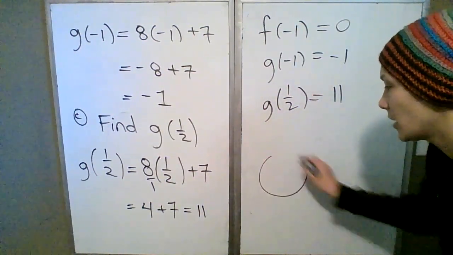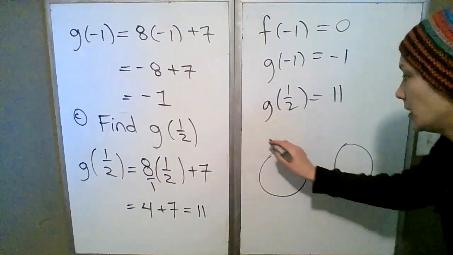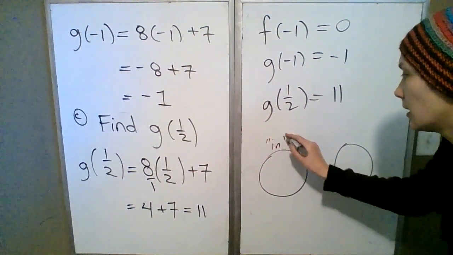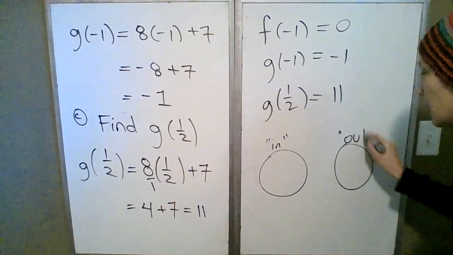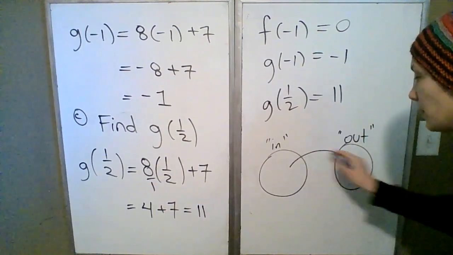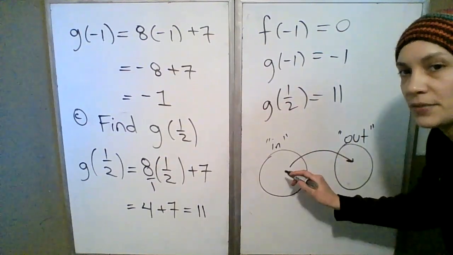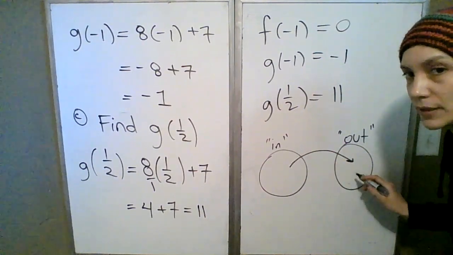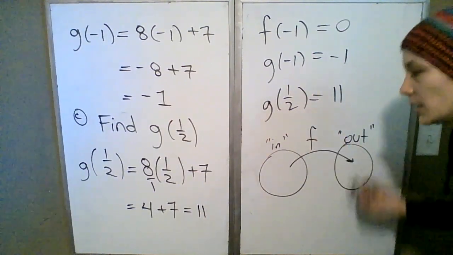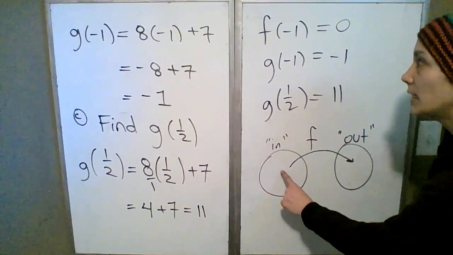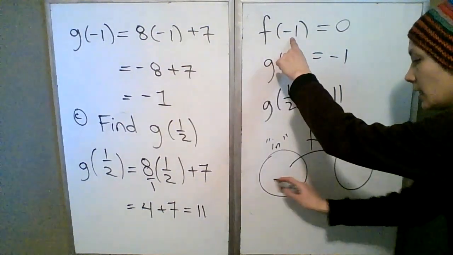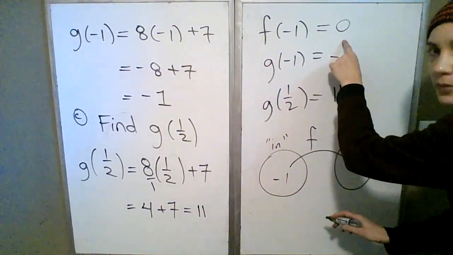We're going to start with the function f. This is where we put values in. This is what we get out. And for the function f, if it's a function, then every input has only one output, which we do have. We put in -1, and we got out 0.